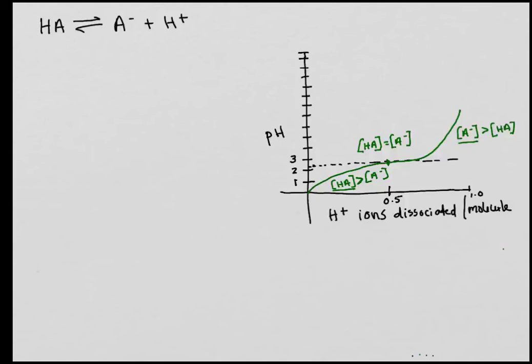So at pHs above 2.2, A minus, the deprotonated species, predominates, whereas at pHs of less than 2.2, we know that the protonated species HA predominates. And then, of course, right at the pKa, we know that HA and A minus are present in equal concentrations.